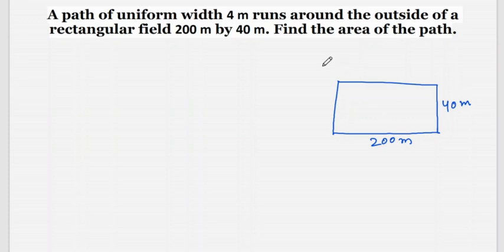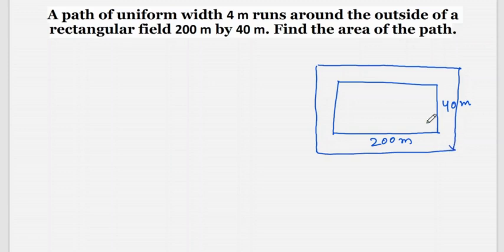That means you are going to build a path of 4 meter outside this rectangle. Let me write this inside here, 40 meter. Now the width of the path is given as 4 meter. Since it is uniform, all sides will be 4 meter only.